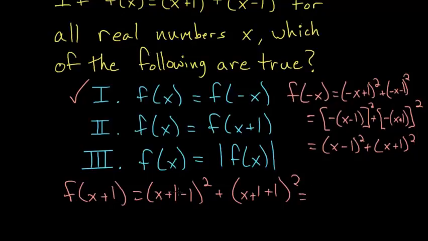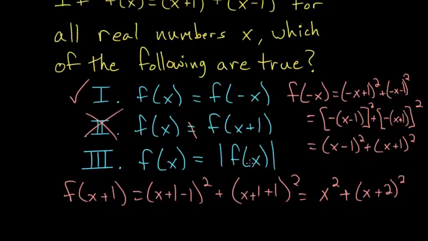Simplifying, x + 1 − 1 is just x, and that's squared. In the second expression, we have x + 2, so we have (x + 2)², and this is not the same thing as f of x. So these aren't equal, so number 2 would be false.